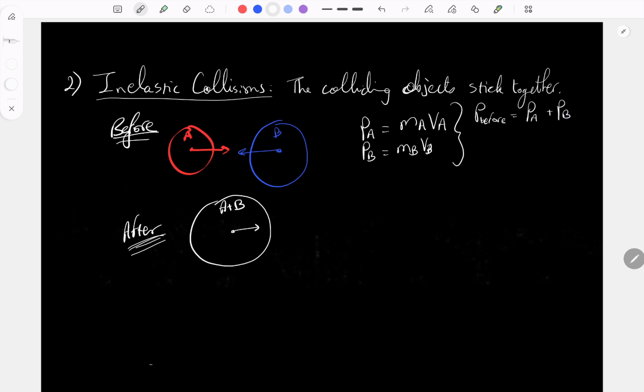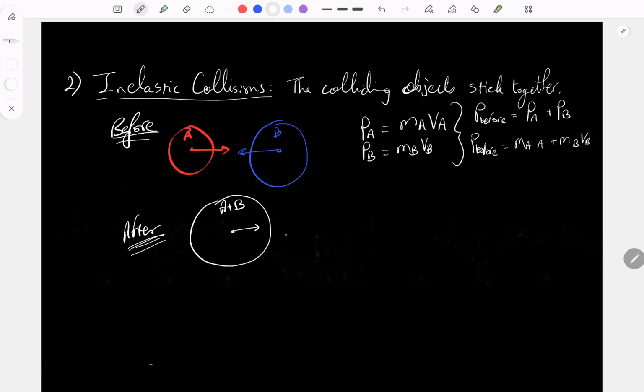To expand this, we get P before equals MA VA plus MB VB, because we've expanded momentum A into MA VA, and momentum B into MB VB. Nothing special, nothing surprising so far.